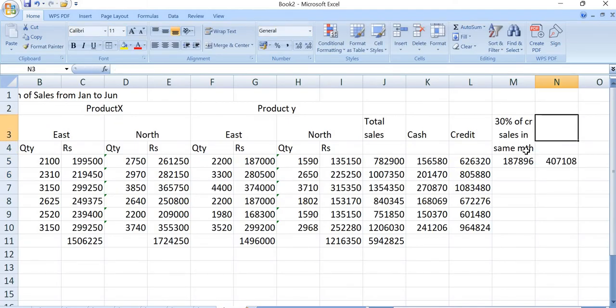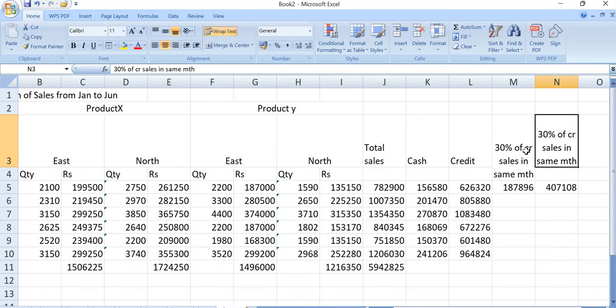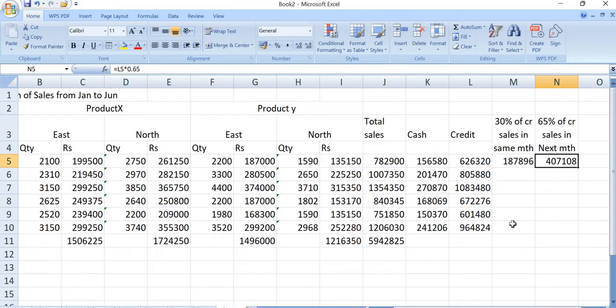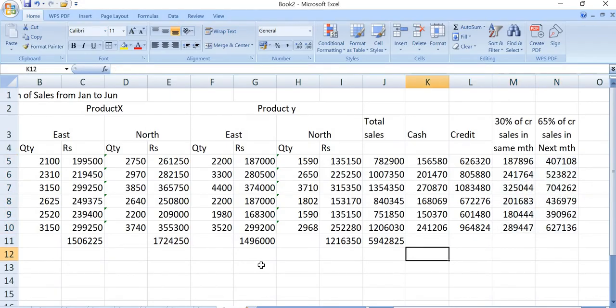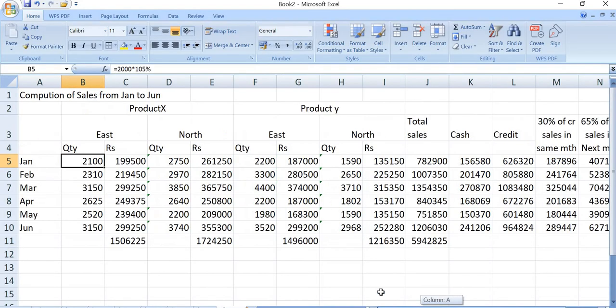So balance, that is remaining 65, so 5% will be in bad debt. So remaining 65 percentage will be in next month. So 65% of credit sales next month.